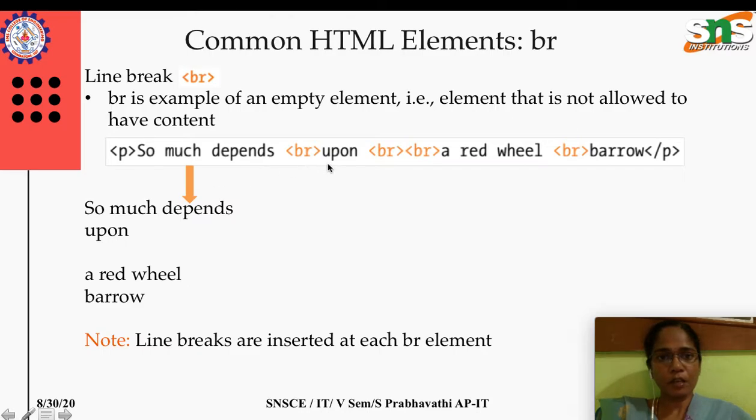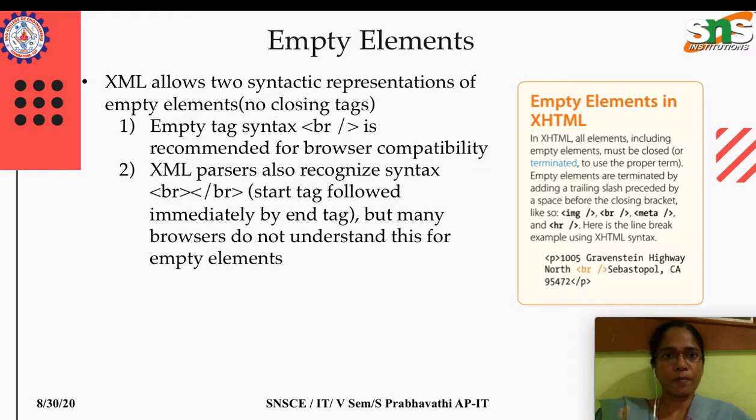Then we have two breaks, so two line breaks followed by a word, then another break. Line breaks mean it takes us to a new line. Wherever br is there, it takes us to a new line. That's the purpose of the br HTML element.